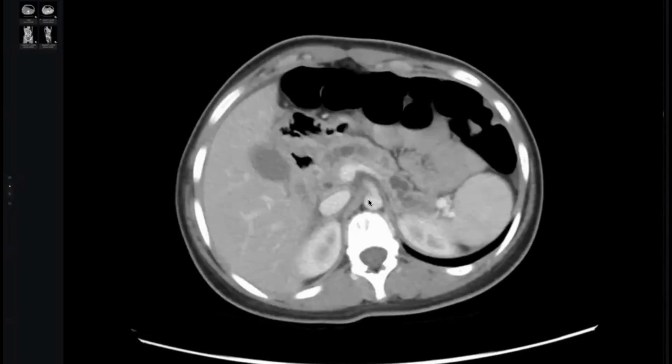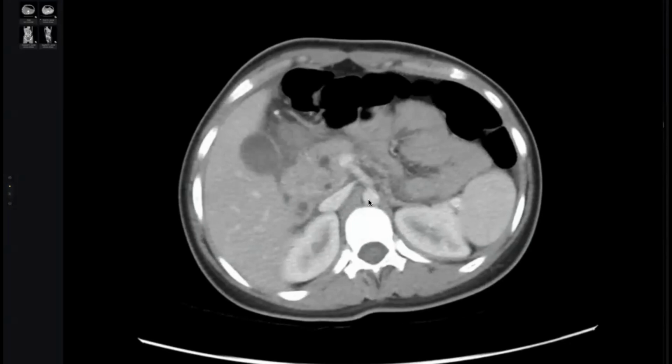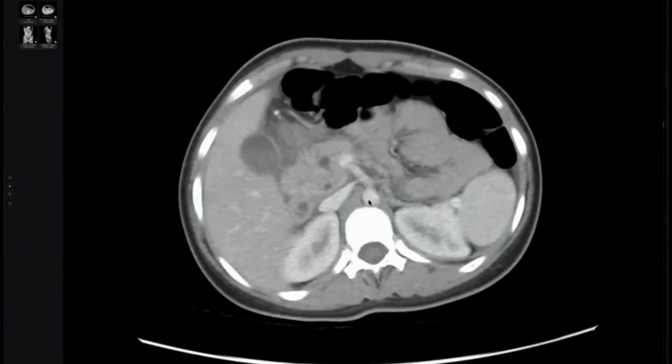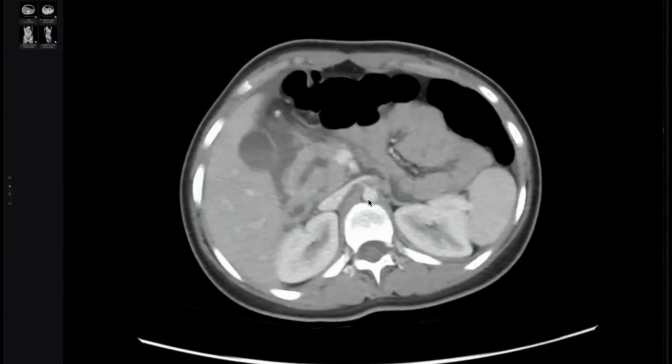So this is a case of dilatation of the accessory, the minor duct. I forgot the name of this condition. No problem. What about the relation between the minor and the major?